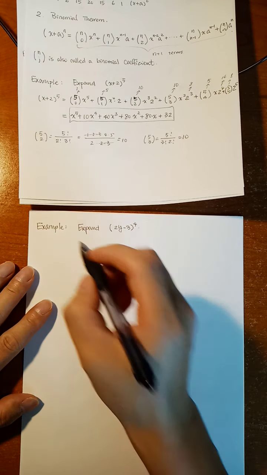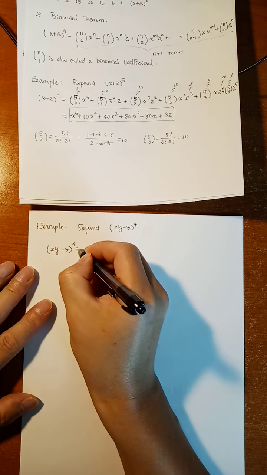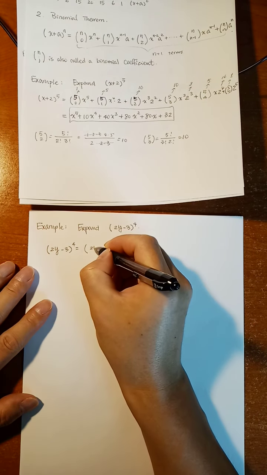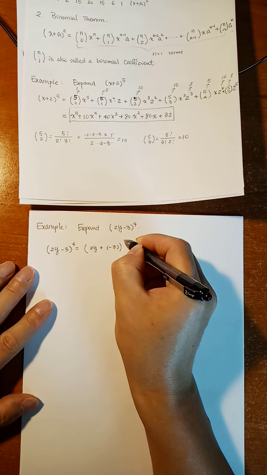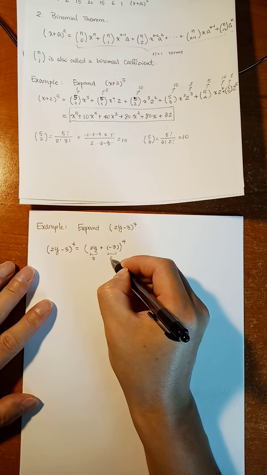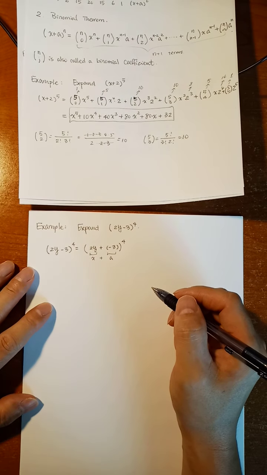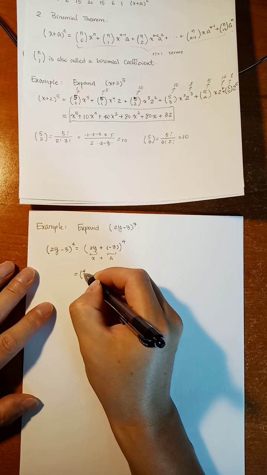How do we do that? First, you have to consider it as x plus a. So you have 2y plus negative 3 to the 4th power. This is your x. This is your a. And in the middle is addition. It must be addition.